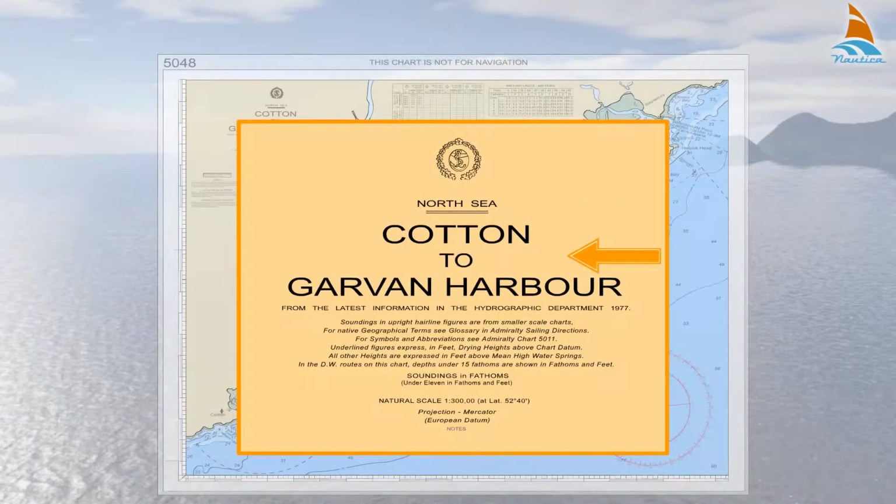The main title, which states the specific geographic area of the chart. The natural scale identification. Natural scale means the relationship between the size of the chart and the Earth, where the scale gives an indication of how detailed the chart is.